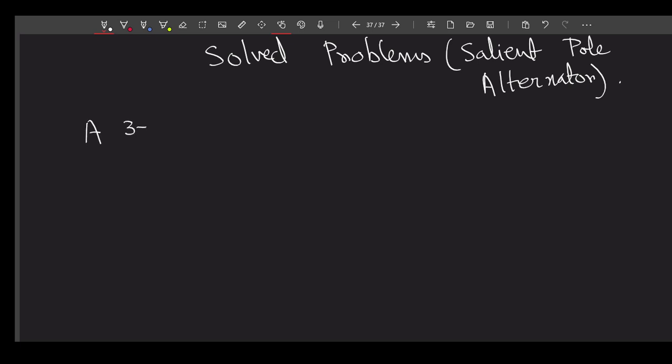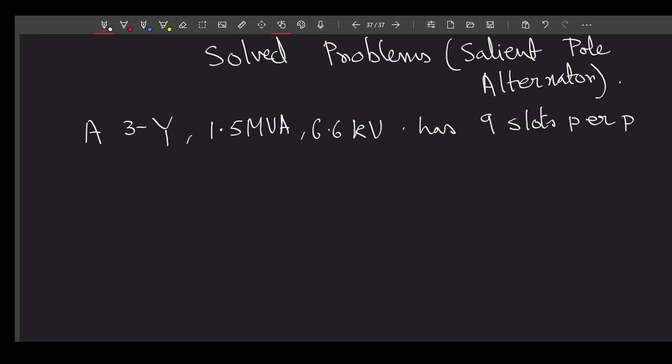Three phase, star connected, 1.5 MVA, 6.6 kV alternator has 9 slots per pole and 6 conductors per slot.